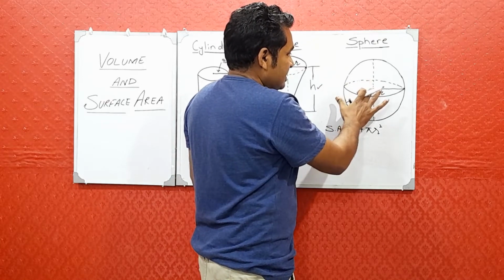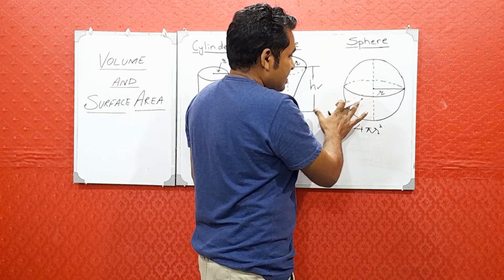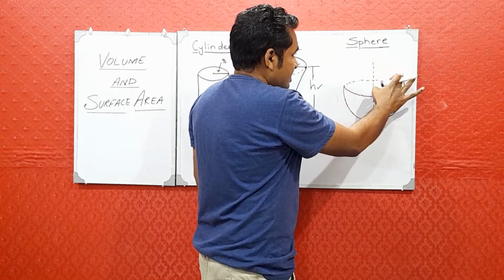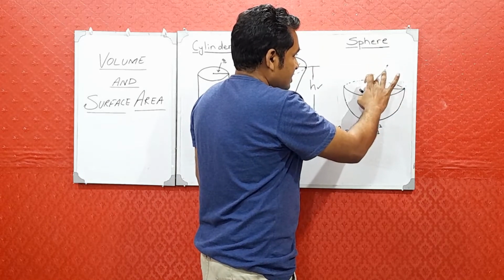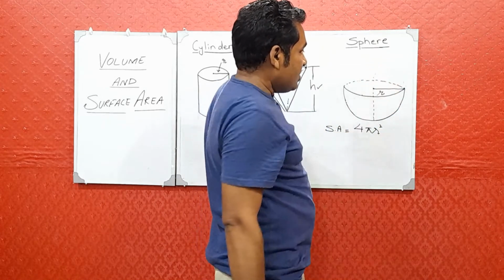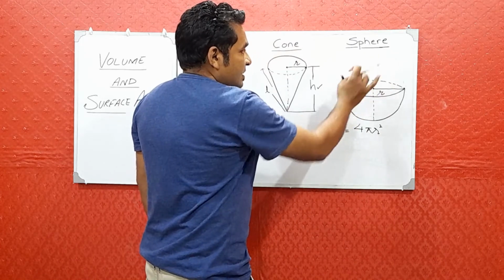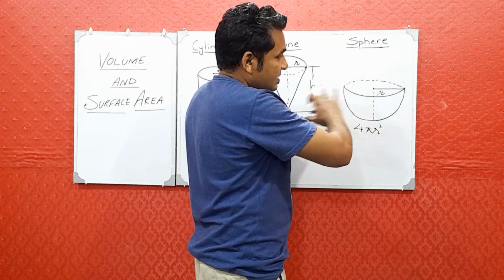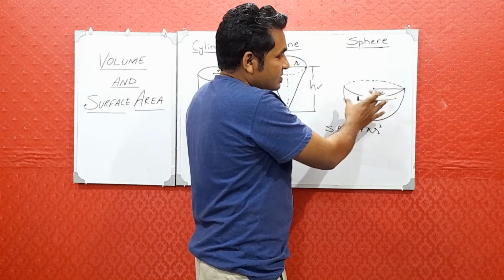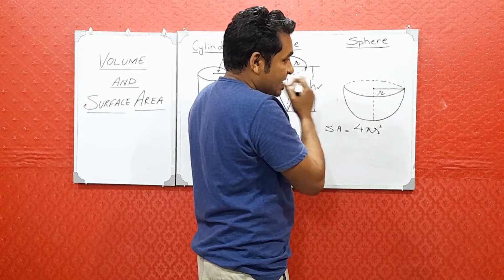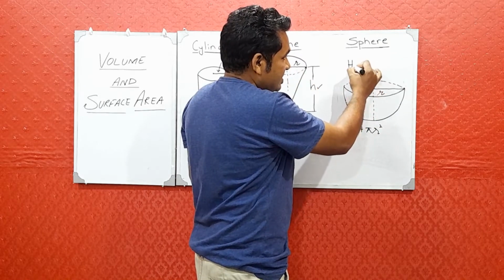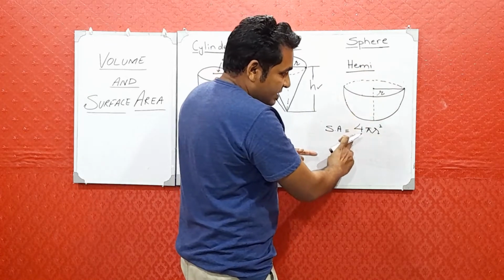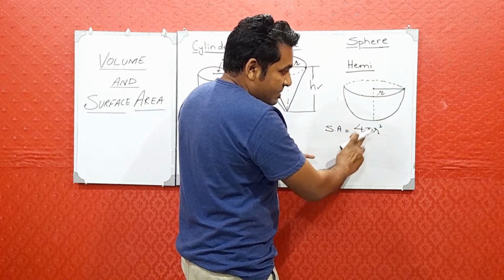So one more thing, let's talk about the hemisphere. If I just erase this, then what does it become? Now it looks like a hemisphere. What I have done is just divided it into two halves. So one half is called a hemisphere. And what I have done, actually, is divide the surface area by 2.